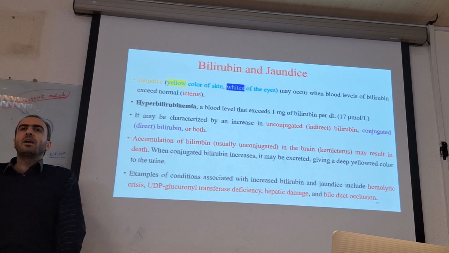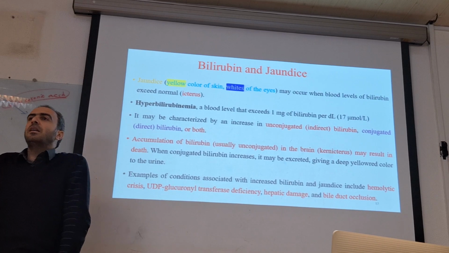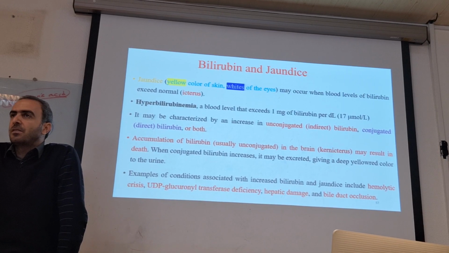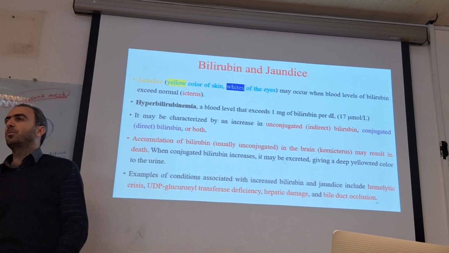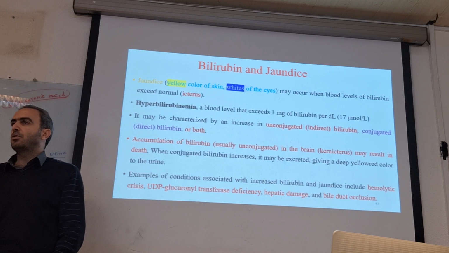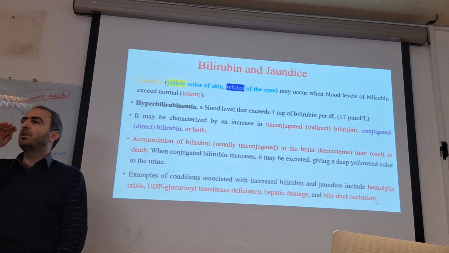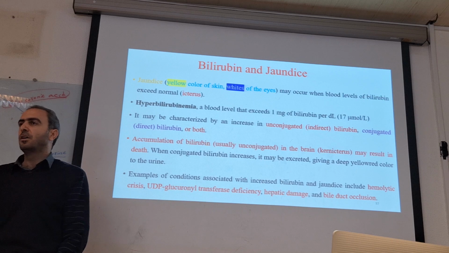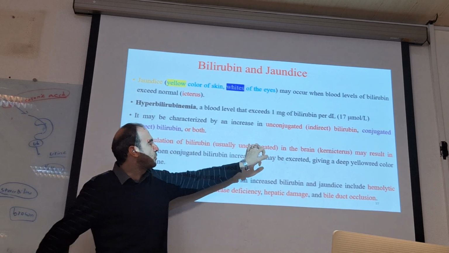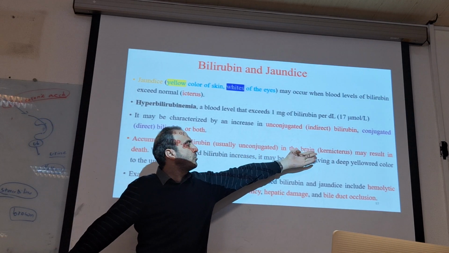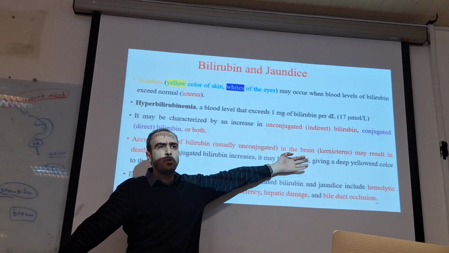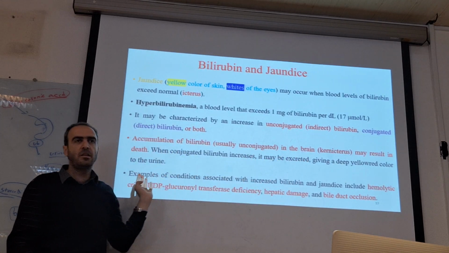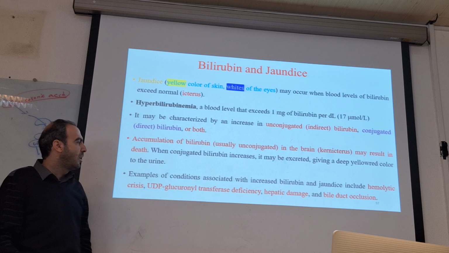So you can understand why it's so important in neonates that we control the bilirubin concentration and do not allow bilirubin to be high, because bilirubin transfers to the brain and leads to kernicterus, which is a severe disease and finally leads to death.